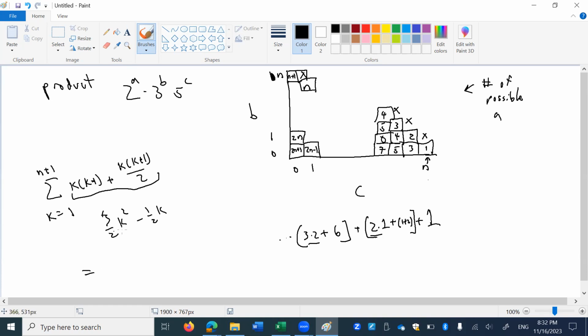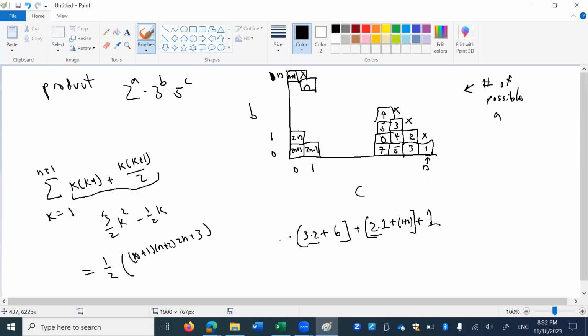And so in total, I'm going to factor out the half, and so this sum is going to equal 1/2 times the sum of 3k squared. So the sum of k squared from k equals 1 to n plus 1 should be n plus 1 times n plus 2 times 2n plus 3, right? This is 2 times n plus 1 plus 1.